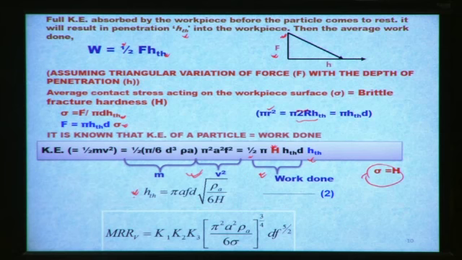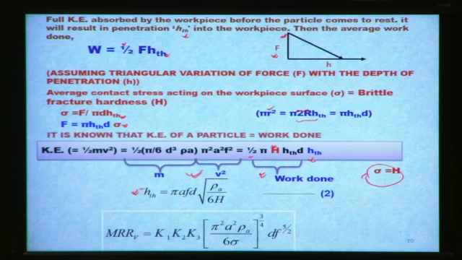Now, if we know this hardness, we can put this value into the earlier equation where we calculated the volume of material removed. This volume of material removed is K1, K2, K3 root over h cube by d. This h cube we have already calculated here.